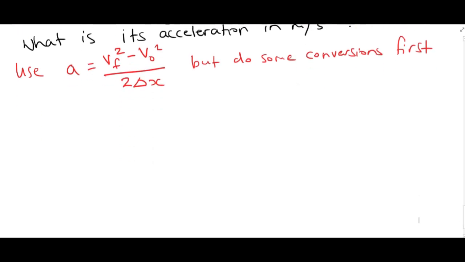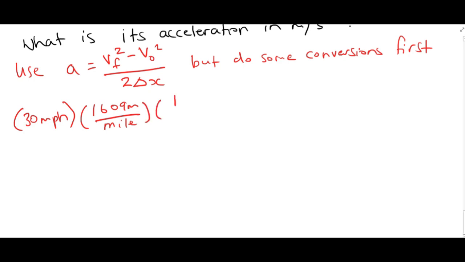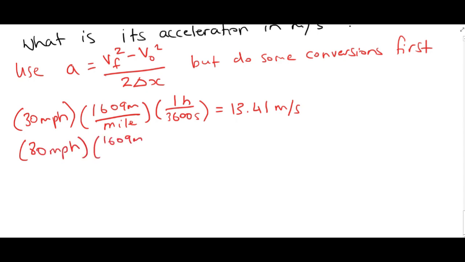So 30 miles per hour, we need to convert this to meters per second, and what we can do is multiply it by 1,609 meters in 1 mile, and then multiply again by 1 hour, which is 3,600 seconds, and what we get is 13.41 meters per second. 80 miles per hour, we need to convert that as well to meters per second, so that is multiplying by 1,609 meters divided by 1 mile, multiply again by 1 hour divided by 3,600 seconds, we get 35.76 meters per second.